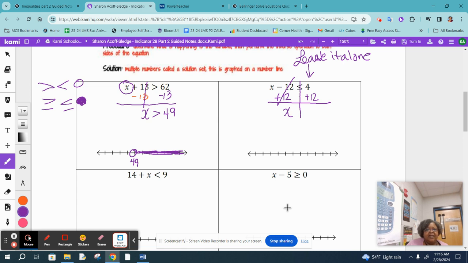Because it goes away. And then less than or equal to 4 plus 12. I hope that's 16. Okay, and then so we're going to put our 16 anywhere on this number line. And since we have the line, it's a closed circle. And I'm going to shade this way.